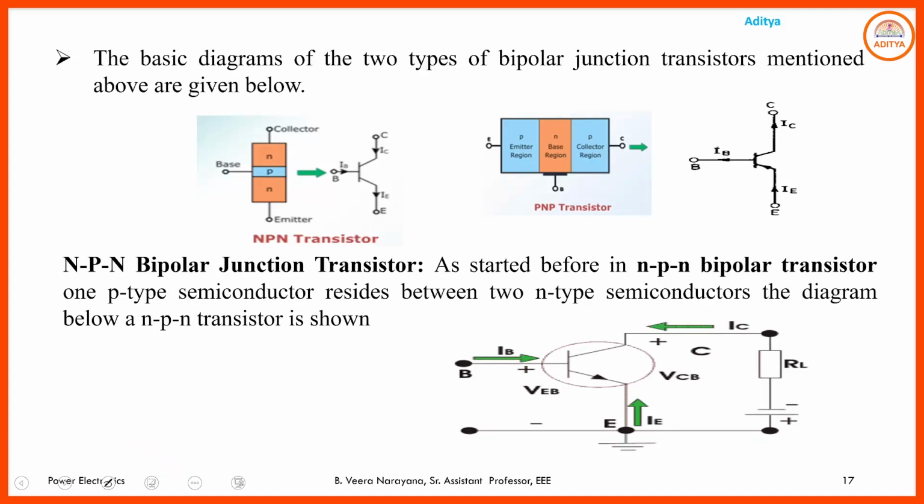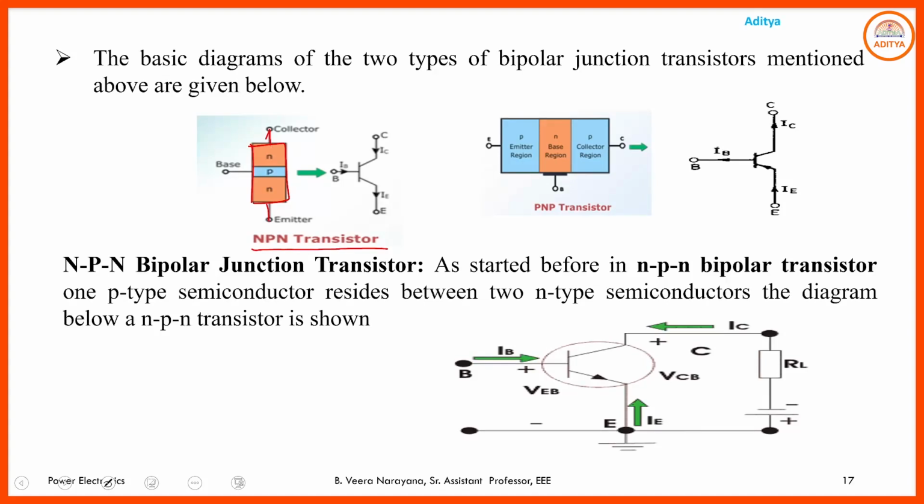Bipolar means that conduction in the BJT takes place due to the movement of both holes and electrons. If you want to design the NPN transistor, one P-type semiconductor is sandwiched by two N-type semiconductors.